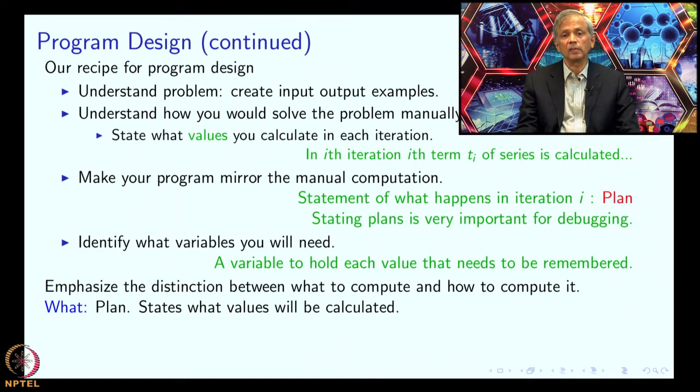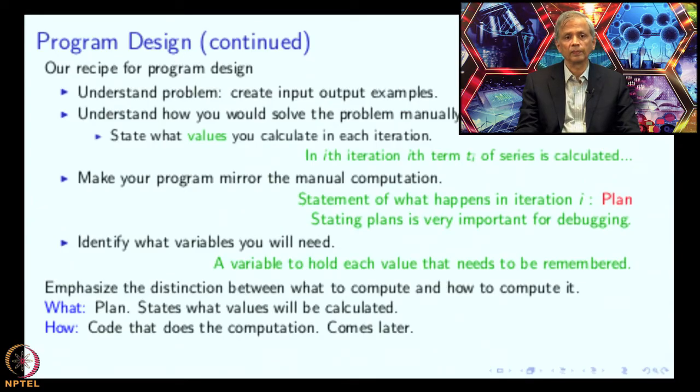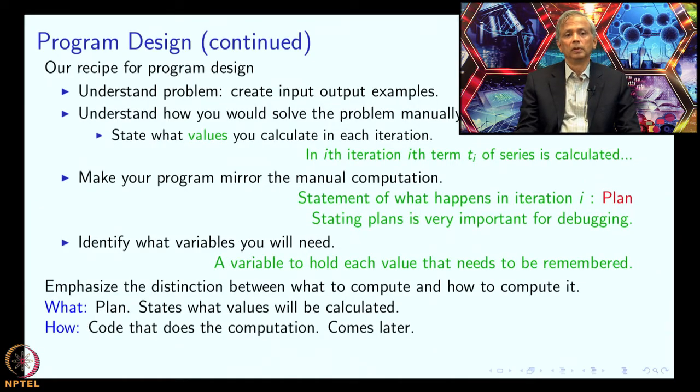So the plan will talk about what values are going to be calculated, in which iteration, and they will name what values are going to be calculated. So that is the what. By what I mean what values. How is the code. So the student should be aware of both of these things.